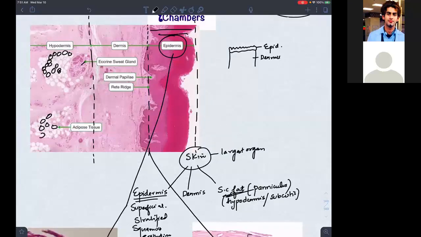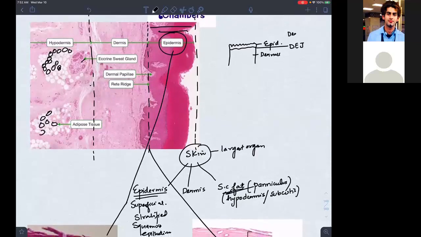That place is called the dermoepidermal junction, DEJ. The concept should be clear. If someone of you wants to become a dermatologist, if you don't have the basics, on the first day of your dermatology residency class, you will be learning this topic again.